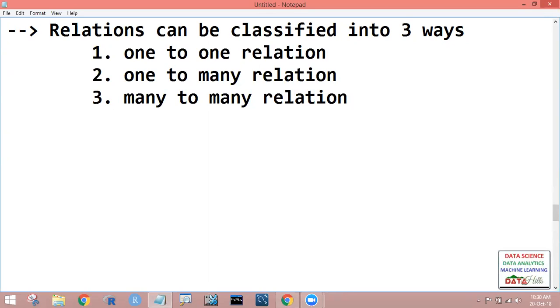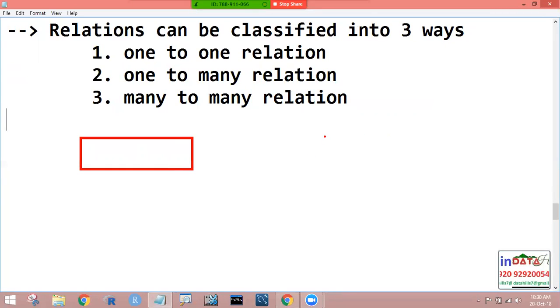If you observe the one-to-one relation, one object can have a relationship with another object, and we call it a one-to-one relationship. For example, take employee and employee ID.